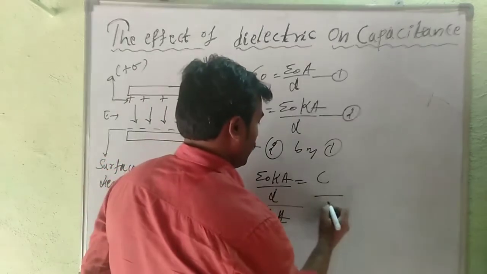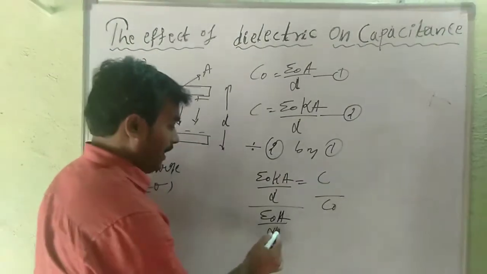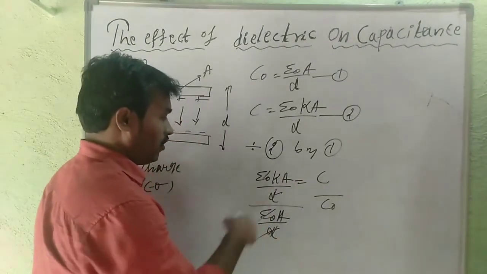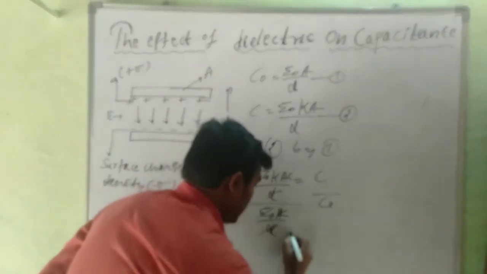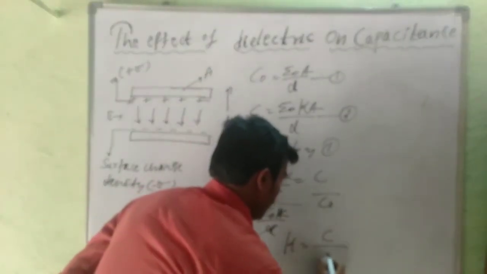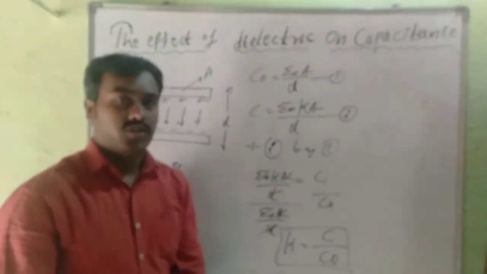Here d cancels, epsilon naught cancels, and A cancels. What remains is K equals C divided by C naught. So K is the dielectric constant.